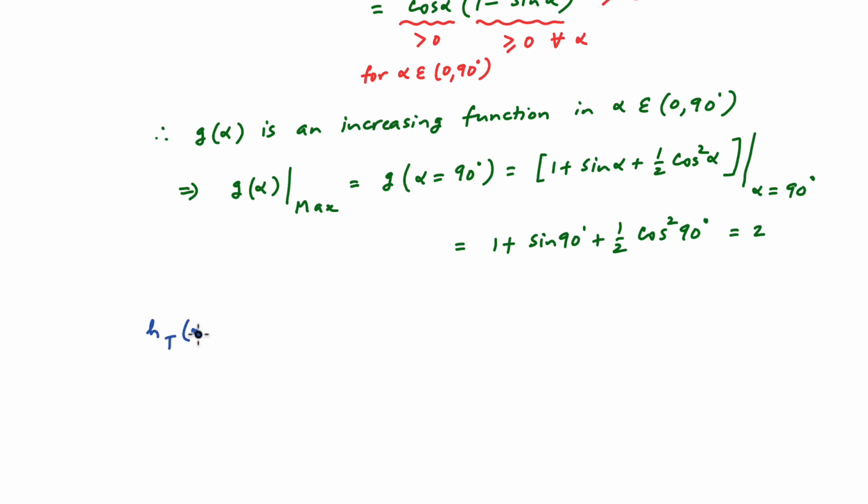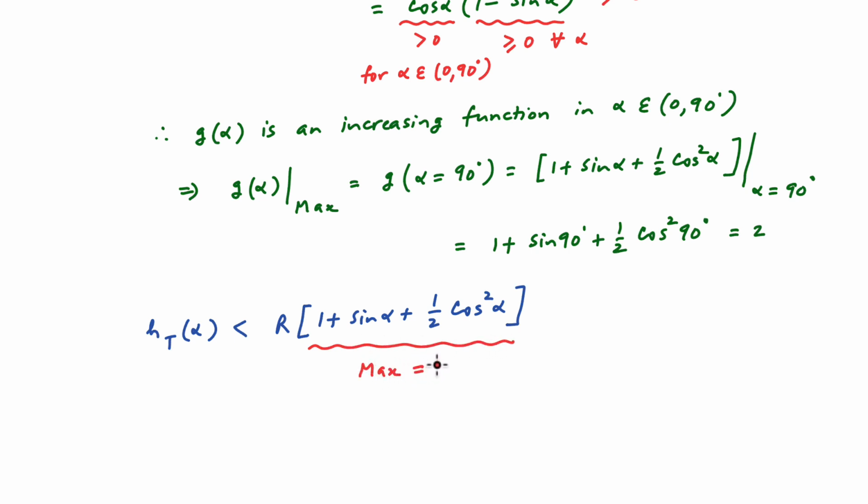Now, we had determined earlier that h of alpha is less than R times in brackets 1 plus sine alpha plus half of cos square alpha. And that expression in the square brackets, which is g of alpha, achieves a maximum value of 2 when alpha is 90 degrees.